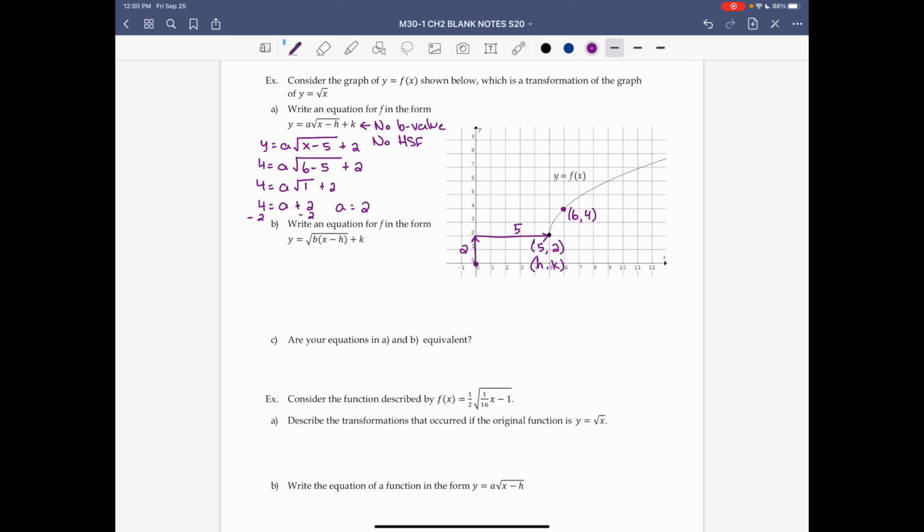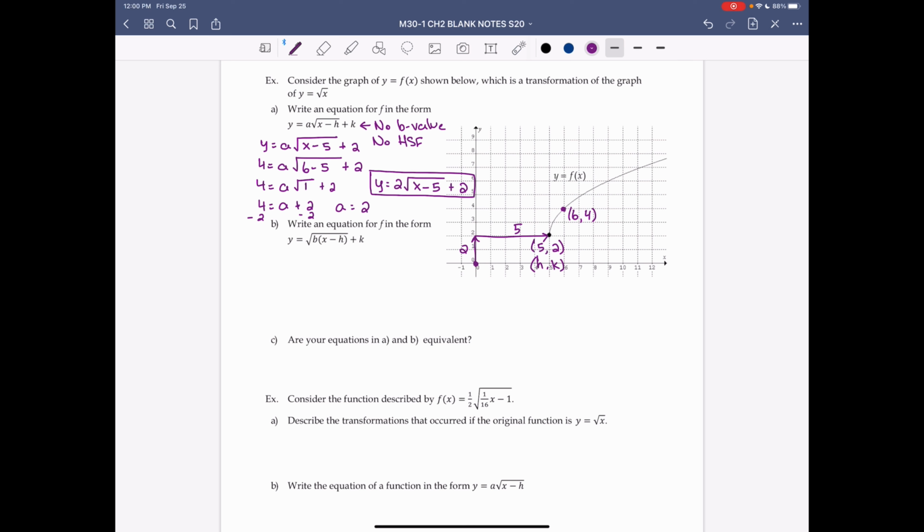Once we have our a, our h, and our k, we can write our function. y equals a, which is 2, square root x minus 5 plus 2. There's the equation for this function in the form a square root x minus h plus k.